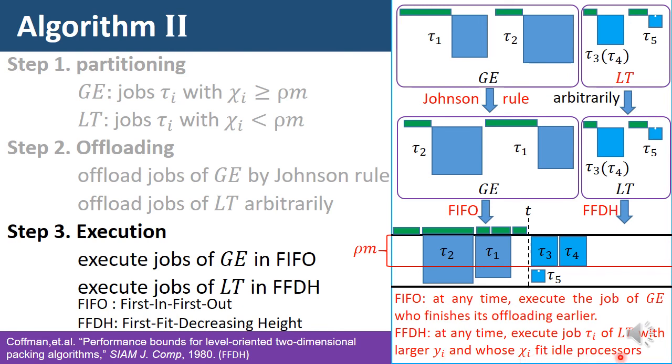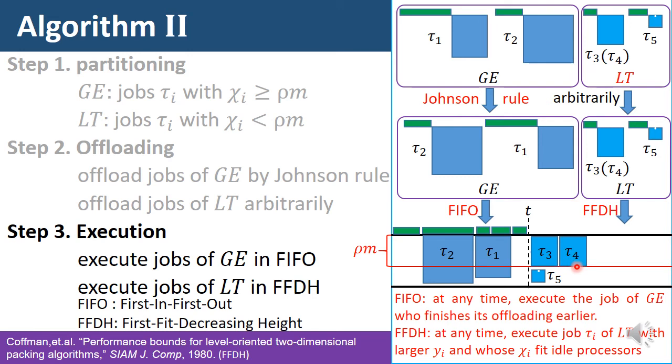idle processors. For example, in this picture, we first schedule tau 3 because it has the largest execution length, and then at time t we schedule the job tau 5 instead of tau 4.